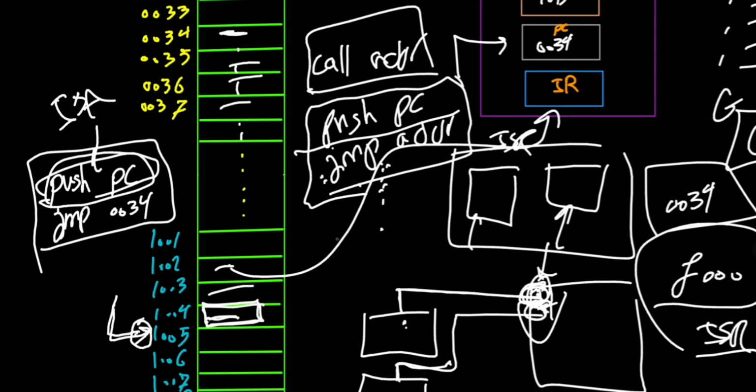But after the execution is finished, you would want to pop to the PC, meaning that whatever is on the top of the stack, which was the PC. You want the stack to be completely the way that you left it off when you started the ISR.